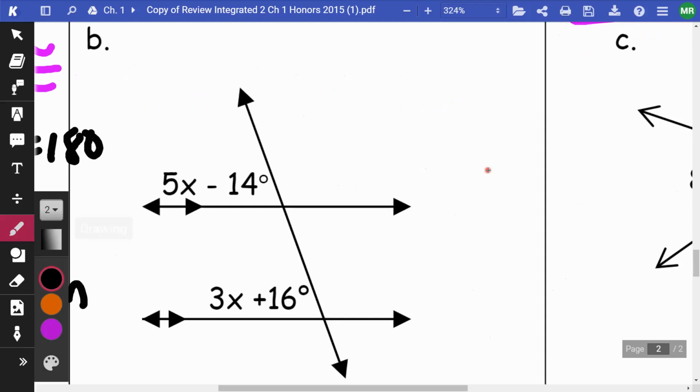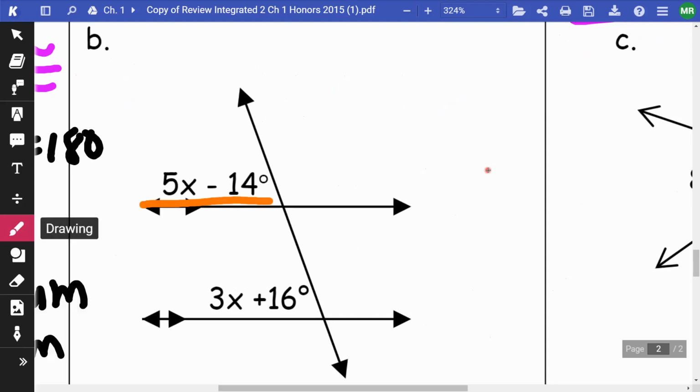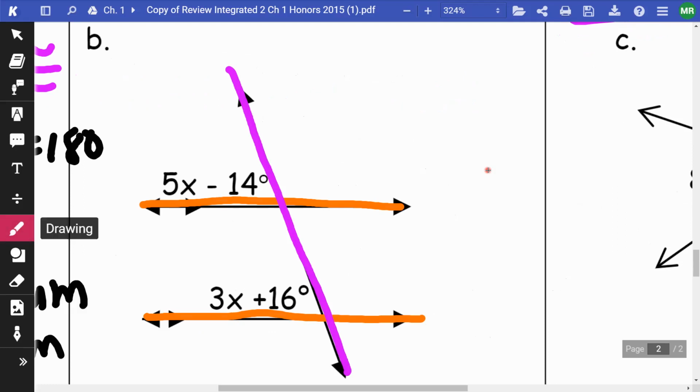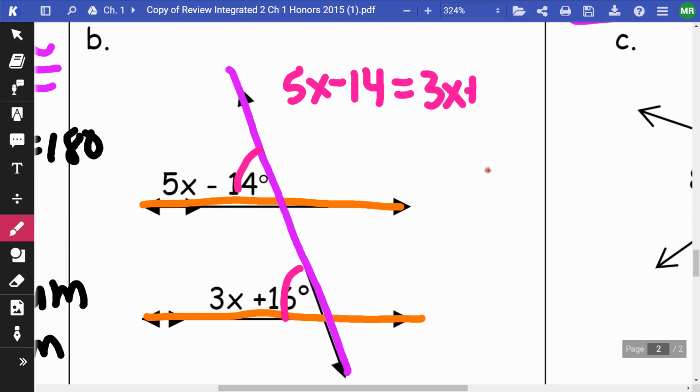On B, again, we have parallel lines cut by a transversal. That means these corresponding angles are the same. So I can say 4x minus 14 is equal to 3x plus 16.